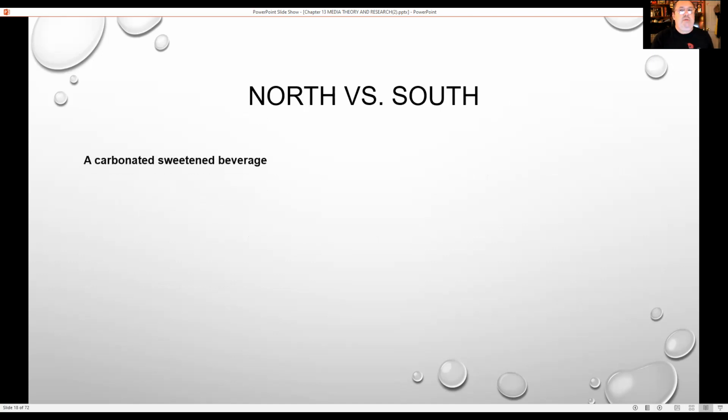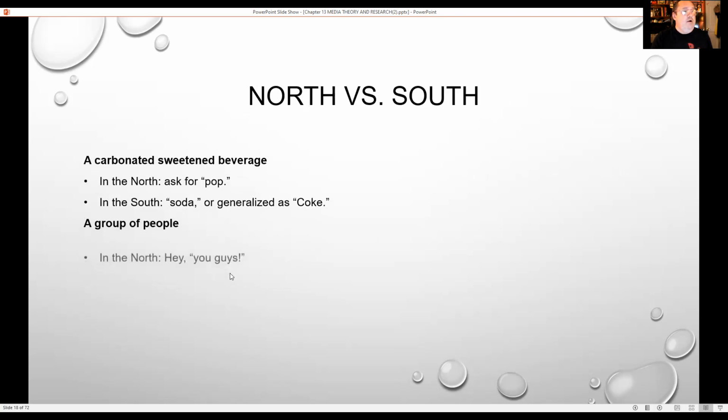Like this: a carbonated sweetened beverage. In the North, you ask for pop. In the South, we want a soda or a Coke. And that also has to do with ethnic background sometimes. A group of people in the North: hey, you guys. In the South: hi, y'all.